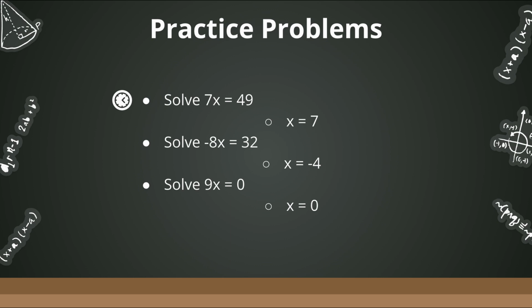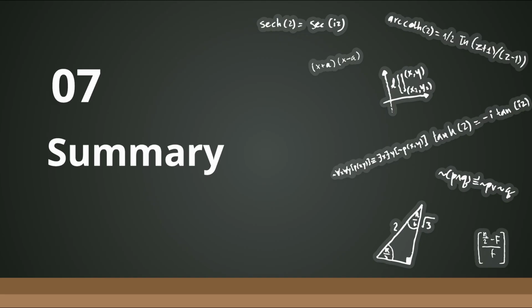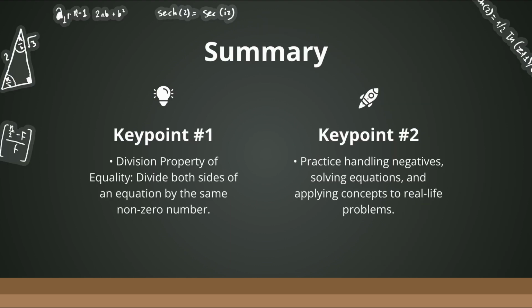Last slide. Let's wrap up today. 3.5, solve equations using integers, the division property of equality. That's what we learned today. Learning the division property of equality helps us solve equations by dividing both sides by the same number.